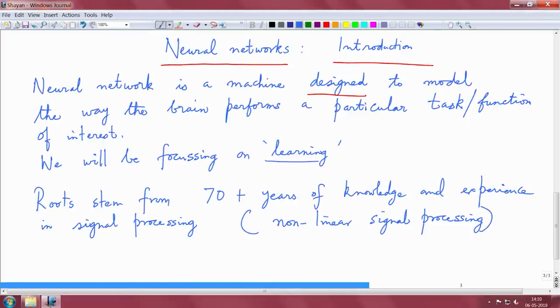And neural networks provide us a way for nonlinear processing of signals and efficient ways for realizing tasks.